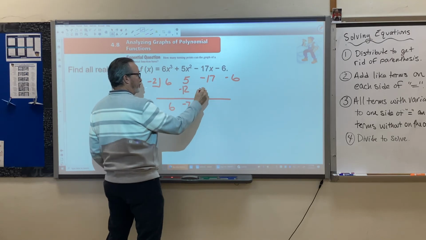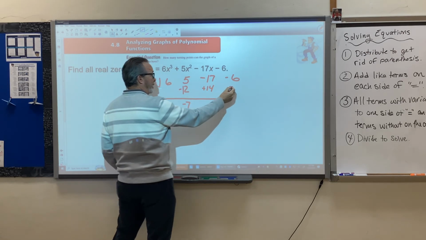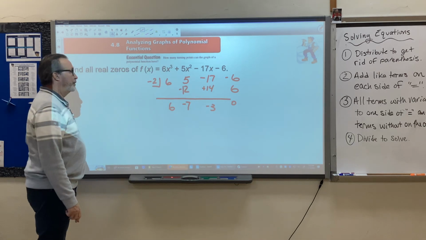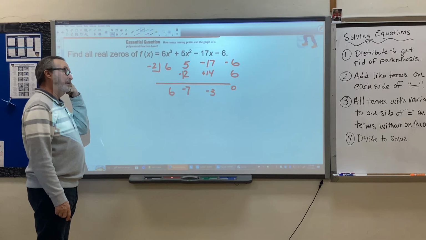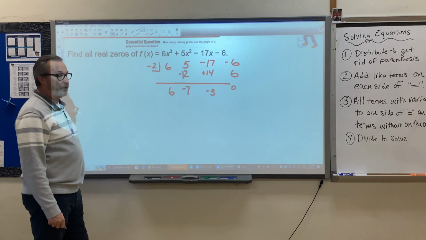-7 times -2 is +14. -3 times -2 is +6. Again, there's 0. So we found one zero, and I'll be able to find the other two using the quadratic formula.